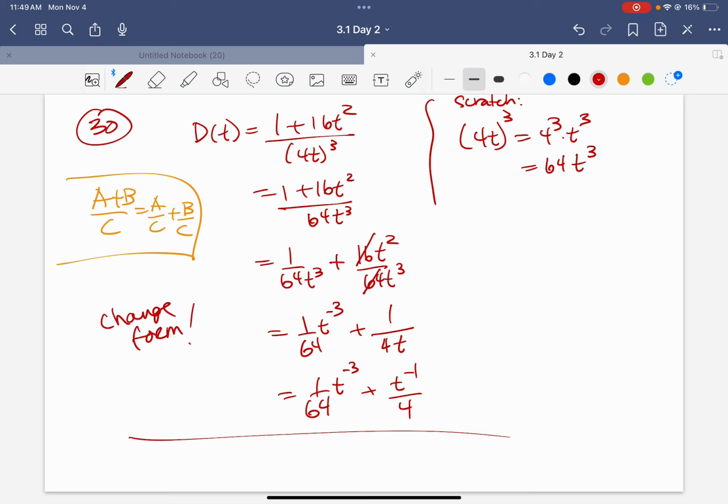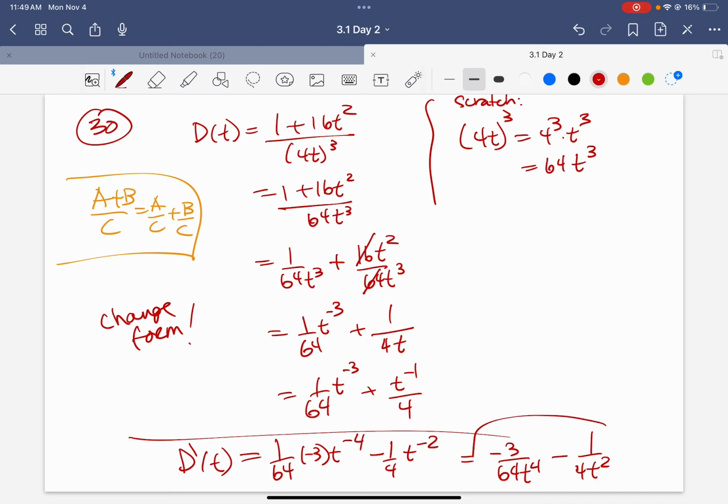I draw a line so that the reader knows now I'm going to take the derivative. So the derivative is this: negative 3t to the negative 4 minus 1/4 t to the negative second. So to remove negative exponents, I'm going to put that t to the 4th on the bottom. And here I'm going to put that t squared on the bottom, and that would be your derivative.